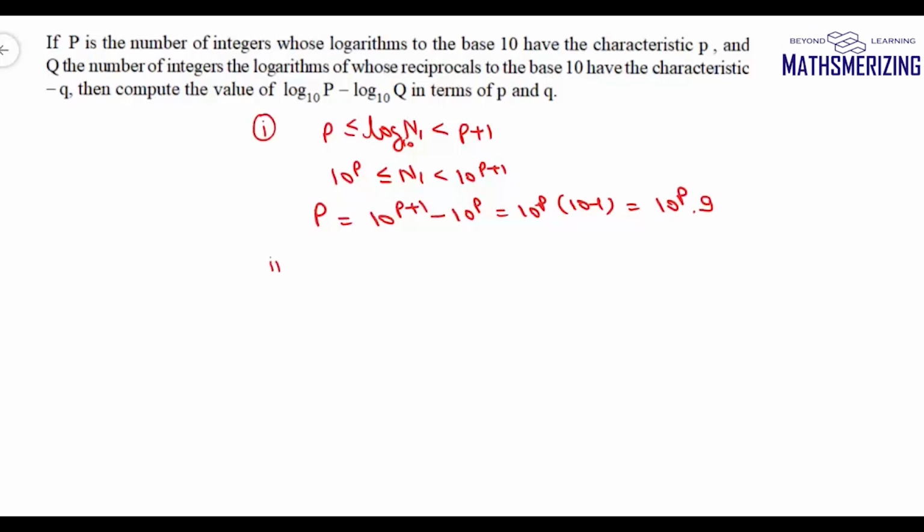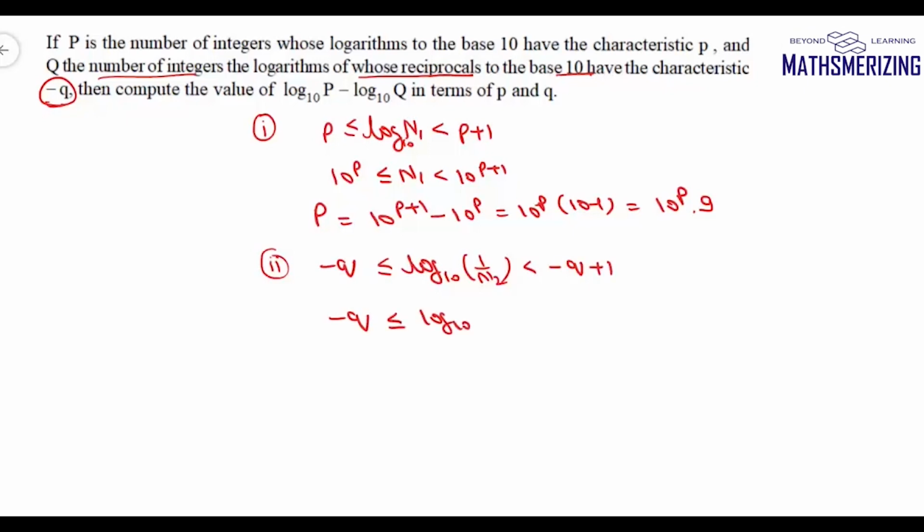Now for the second part, it says the number of integers, the logarithm of whose reciprocals to the base 10. So that is, suppose log base 10 of 1 upon n2 has characteristic minus q. So if it is minus q, I'll write it here minus q, and here will be minus q plus 1.